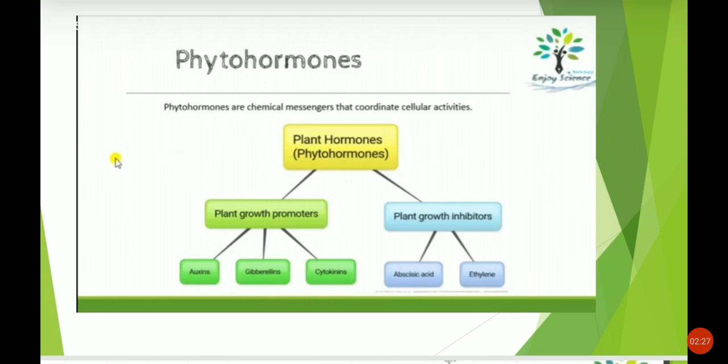The hormones which promote growth are called growth promoters, while plant growth inhibitors regulate growth. Among the growth promoters there are three hormones: auxins, gibberellins and cytokinins. Among the inhibitors, or growth regulators, there are two: abscisic acid and ethylene. Let us learn in detail.